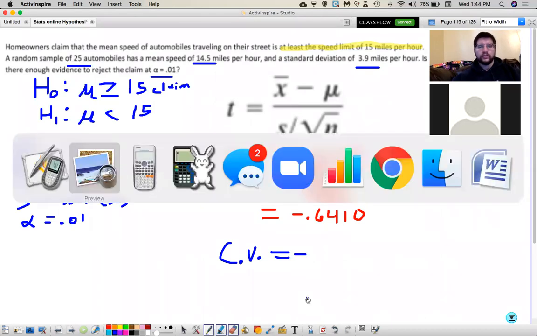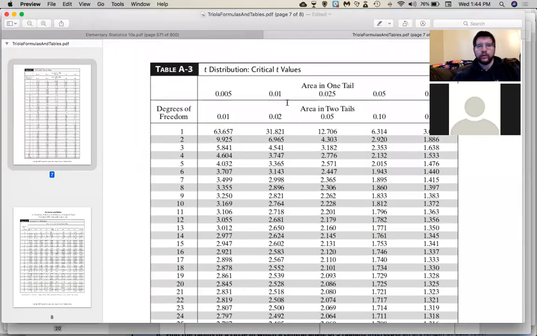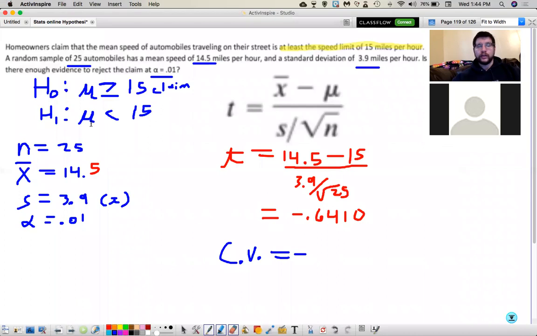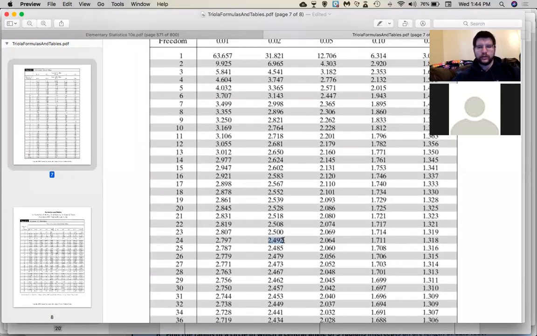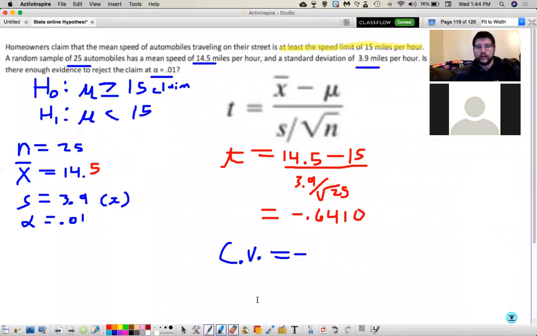So a 1 tail with an alpha of 0.01. Area 1 tail, 0.01. I'm going to use the second column here. My degrees of freedom, N is 25, N minus 1 would be 24 degrees of freedom. So second column, this row, 2.492. So my critical value is negative 2.492.